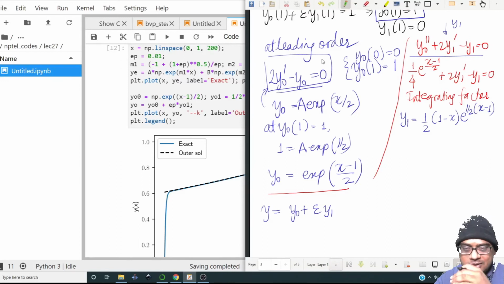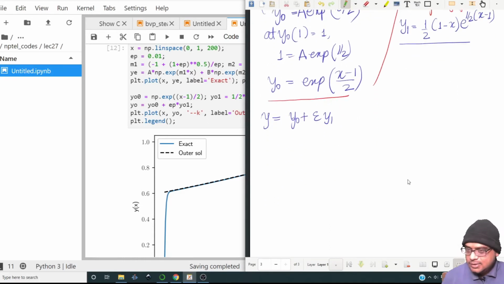But there must be a way. There is obviously some functional form, different from the outer solution, that is happening inside the inner region. So how do we find that out? Well, so far we have not done anything different from the regular perturbation business.